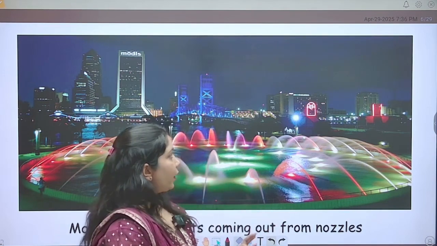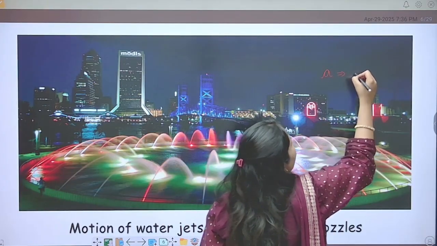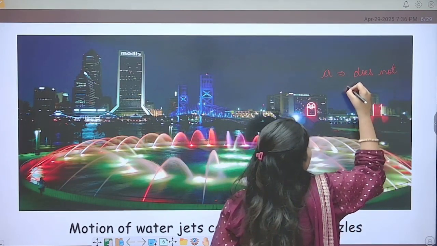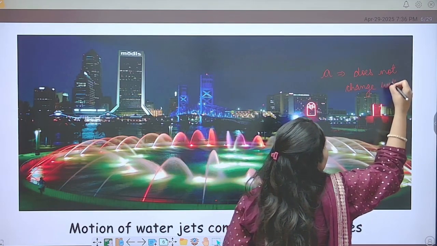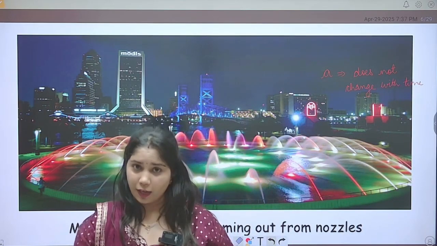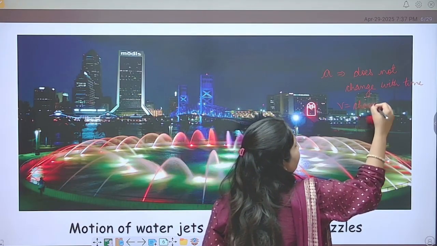Simple: when acceleration does not change with time and velocity changes with time.